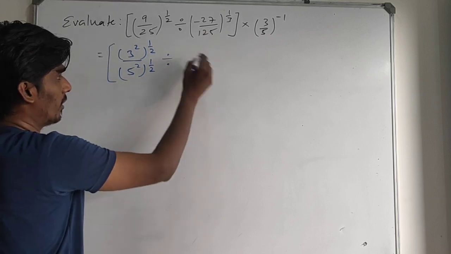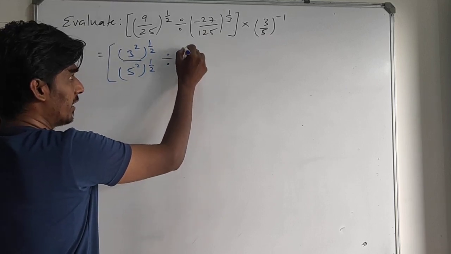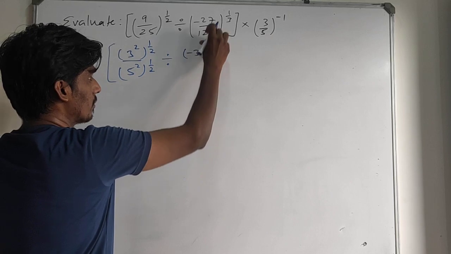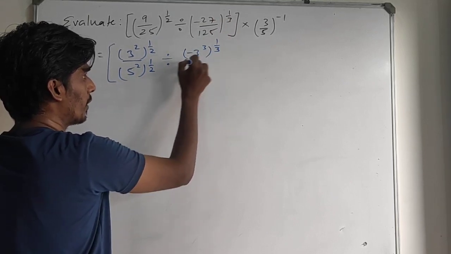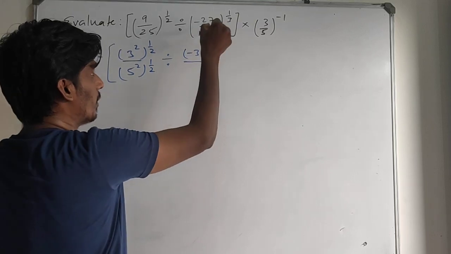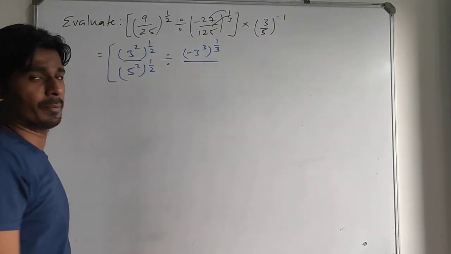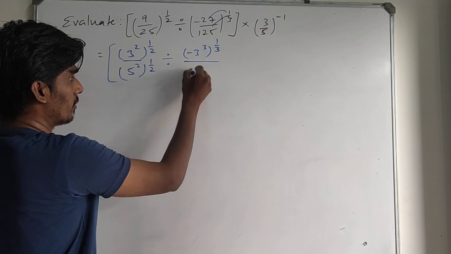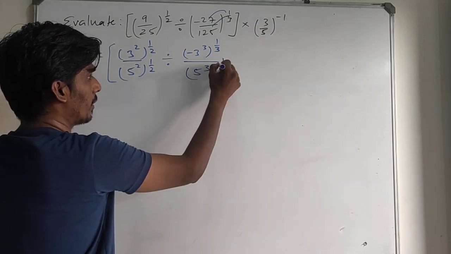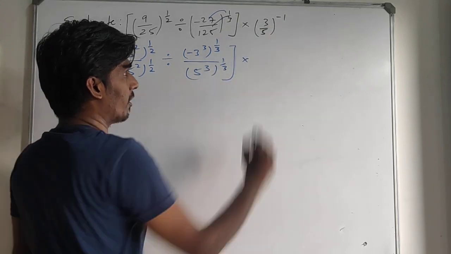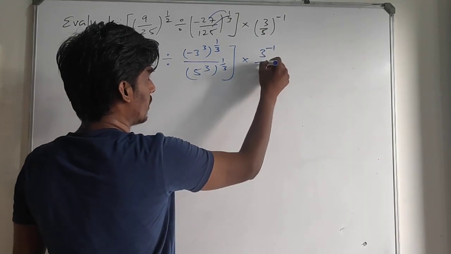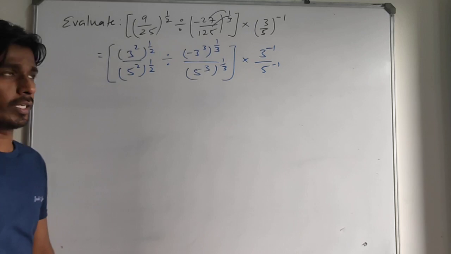So here I am going to write minus 3 cube raised to 1 by 3. This power applies on both numbers, this one and this one. So 125 is 5 cube raised to 1 by 3, into this power 1. So 3 raised to minus 1, 5 raised to minus 1.